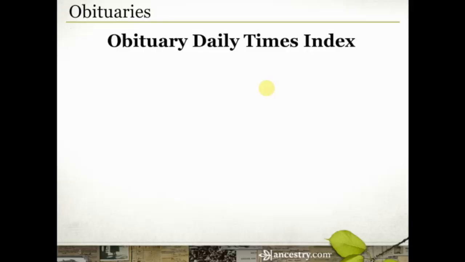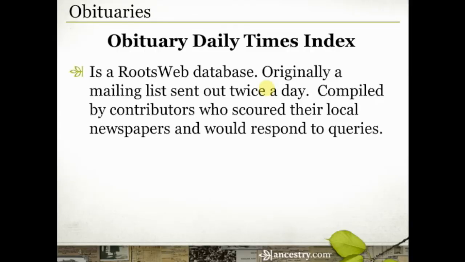Now let me explain to you a little bit about how this came into being. Some of you may be familiar with rootsweb.com. Rootsweb.com is one of the largest free internet resources for family history. It's been around for years. Ancestry.com acquired it, probably about 12 years ago, and it continues to be free. It's still available, still out there for free.